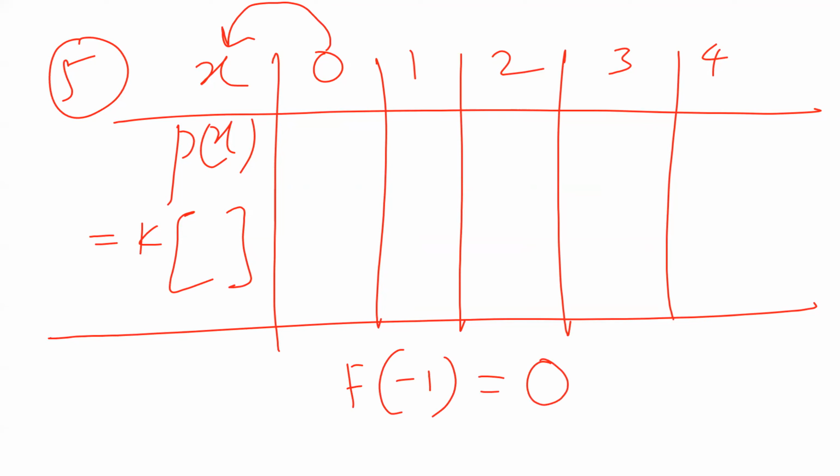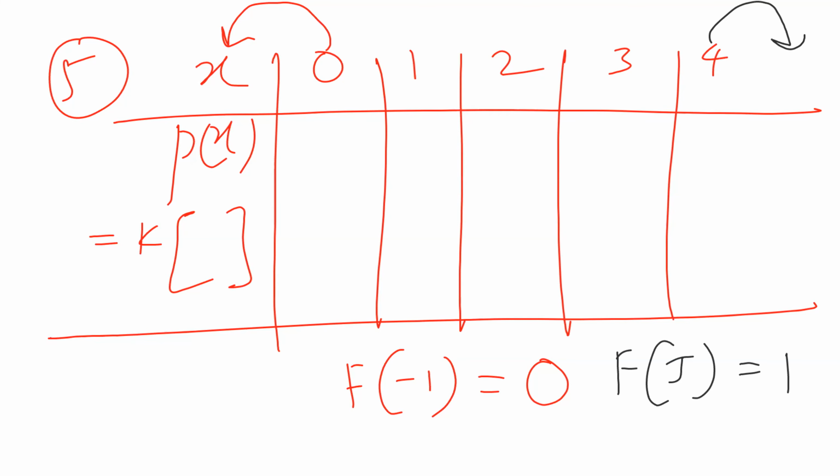The CDF answer will be 0. One additional thing, if they're asking you F of 5, 5 occurs after 4, so the answer will be 1. If they're asking you values which are before the first entry, the answer will be 0. If they are asking you values which are after the last entry, the answer will be 1. And these are all CDF values.